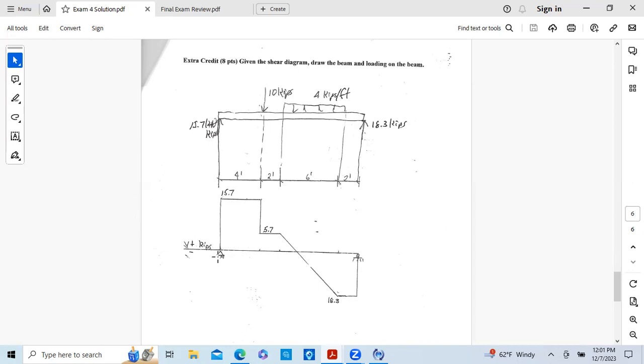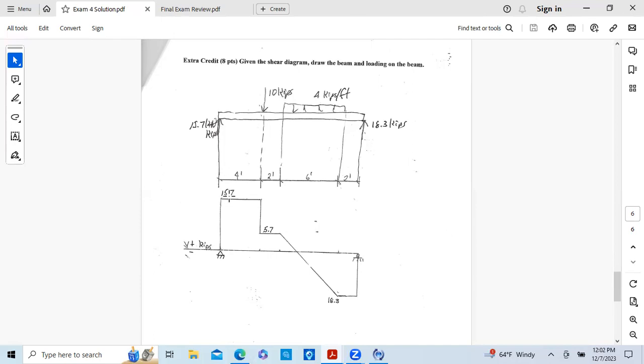And I'm starting here at 0, and I go up 25.7. That's got to be a support. So draw this support, say a pin, and the support reaction is 25.7. It's constant, so nothing is going on here till we get to this discontinuity.